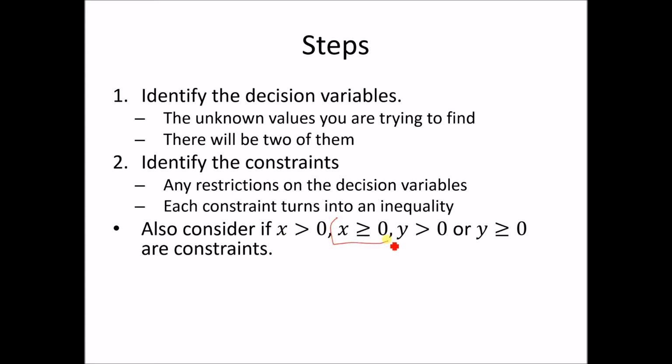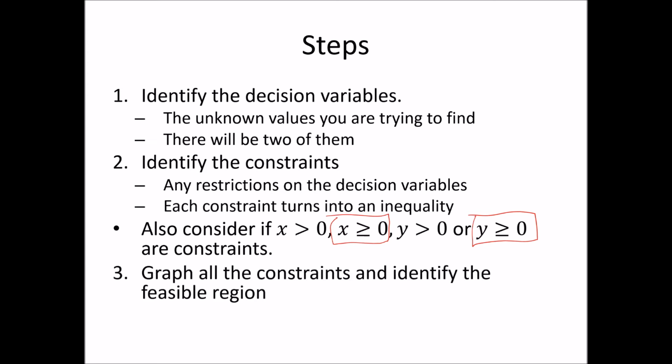Most often in linear programming problems we'll have greater than or equal to, so don't forget to include those constraints if the context of the question allows for it. And then graph all the constraints and identify and label the feasible region. That's all a little bit complex, so for the rest of this video, we're going to go through an example step by step, in addition to the other example videos that I create.